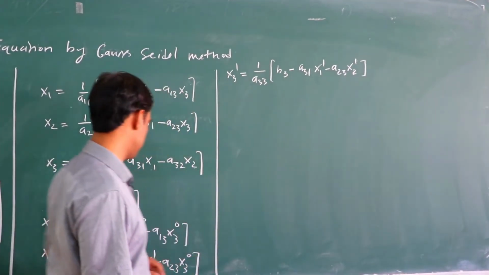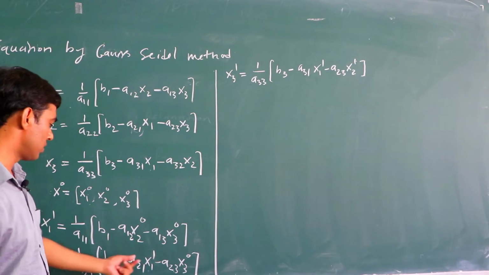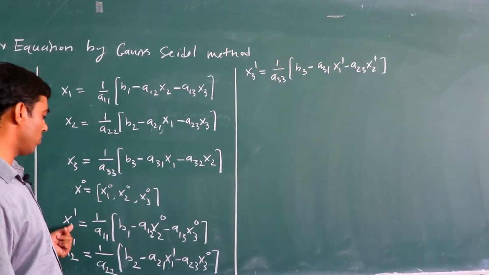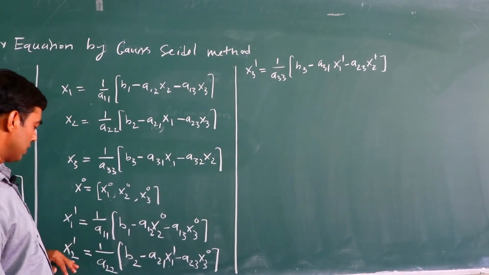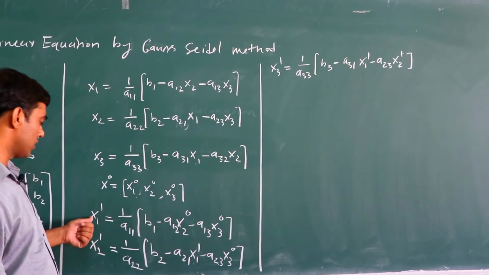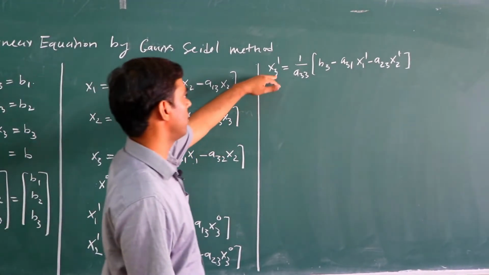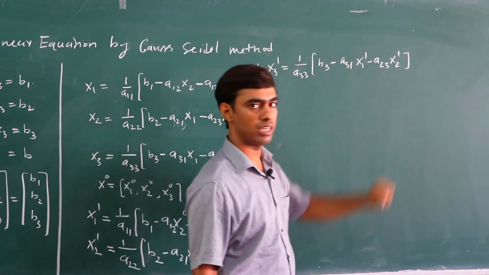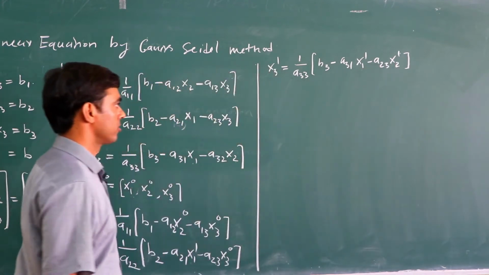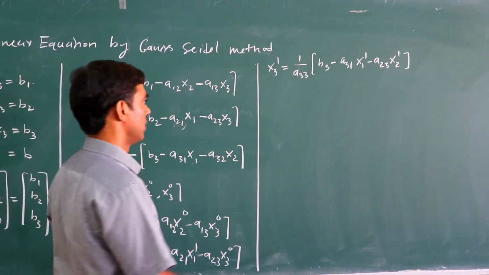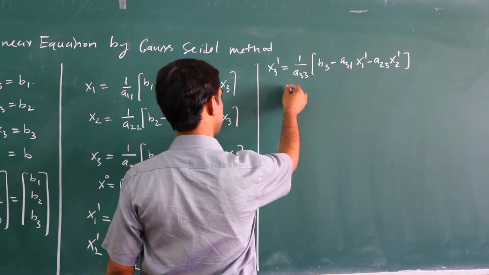But in the Gauss-Seidel method, we use x11, as we calculated the value of x11, to find the next value. And we have x11, x21, then we find the value of x31. To find the value of x31, we use the values of x11 and x21. So, in a similar manner, this is for the first iteration.